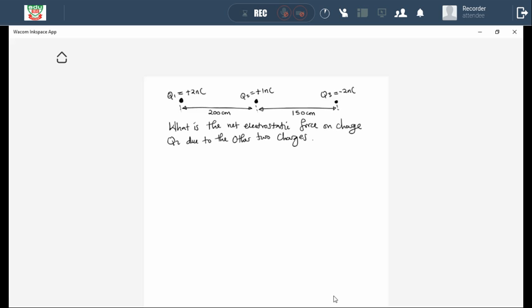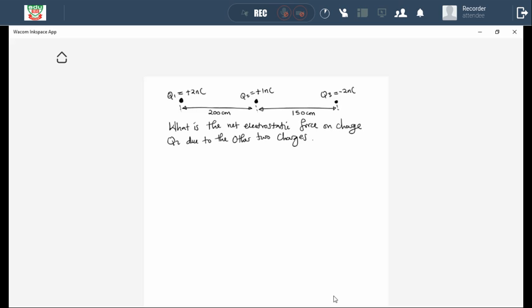The only way of calculating the net electrostatic force is for us to make use of our previous formula from Coulomb's law, right? We calculate the electrostatic force between Q1 and Q2, and we calculate the electrostatic force between Q2 and Q3, and we put the two together. Because remember, when we calculate net force, we are summing up the two, right?